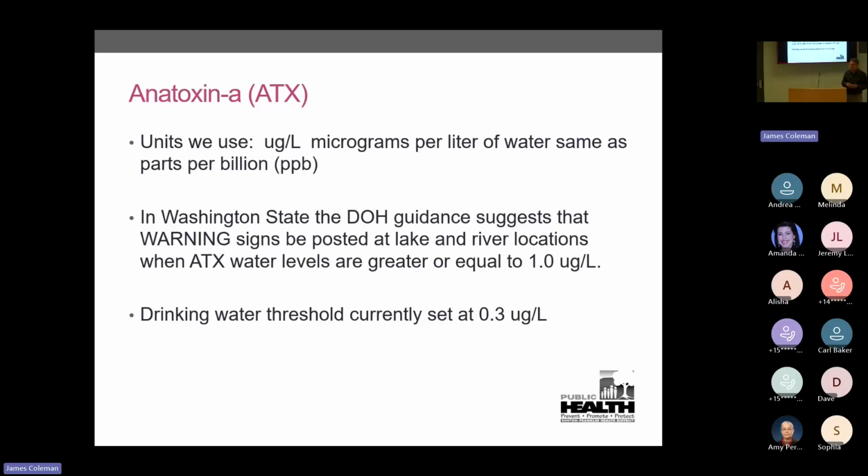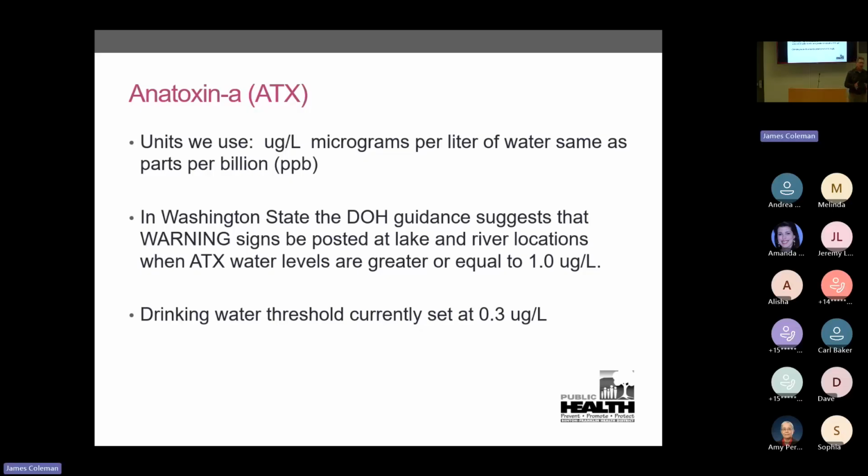And I'll just say this about a lot of these cyanotoxins in general. They haven't been studied very well in animal models, so the toxicology, I would say, varies from state to state.